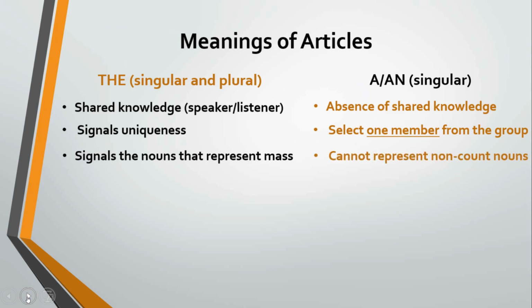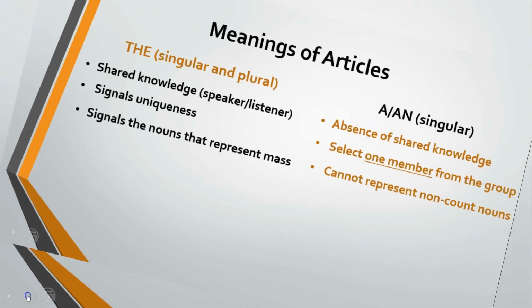And lastly, the singular indefinite articles a and an can never represent the non-count nouns. Okay, we cannot count them, but they're not singular either. We'll explain each of these meanings throughout the examples in the following slides.